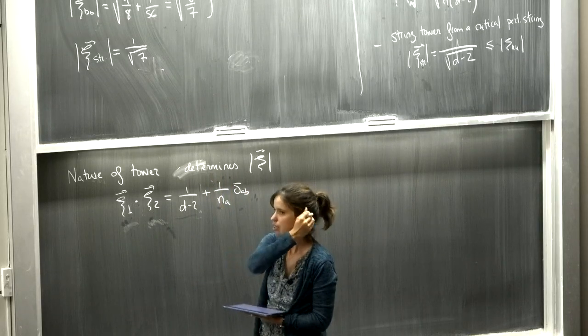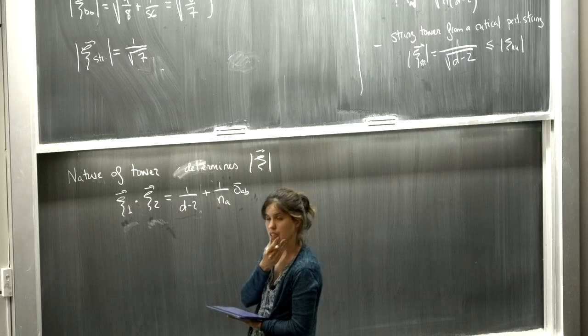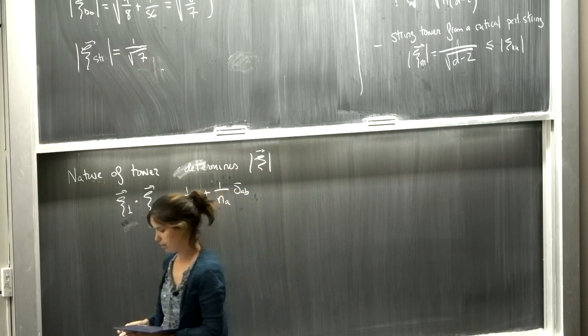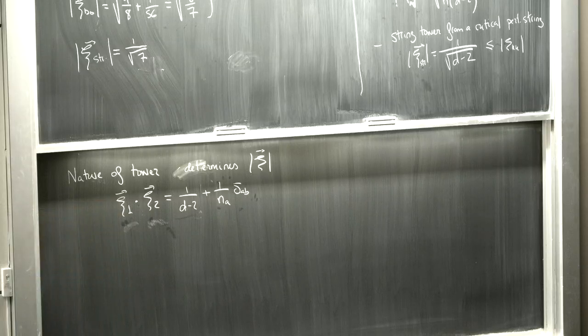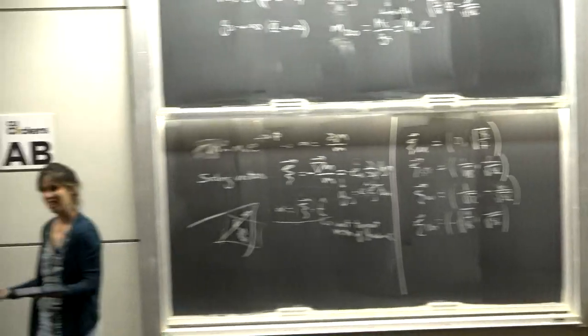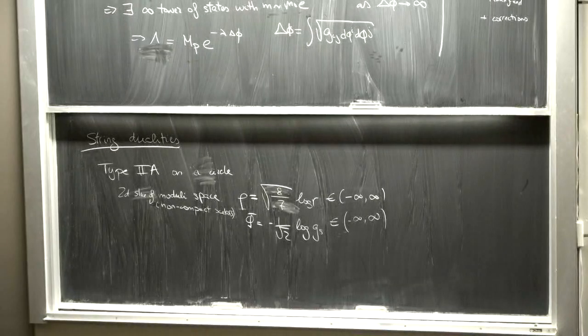Yes? For the distance, is this conjecture only for string theory or for general quantum gravity? Well, that always comes back to the question of how general this is. For the moment, as I said, we are explorers, so we are starting in string theory and learning whether this is a universal feature. Tomorrow we'll move to CFTs, AdS/CFT, and we'll see that it's actually very universal for any CFT.